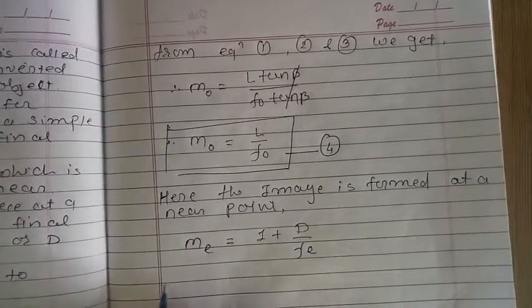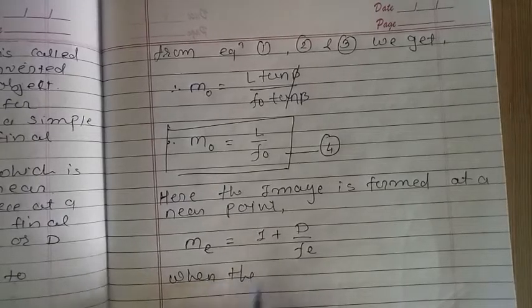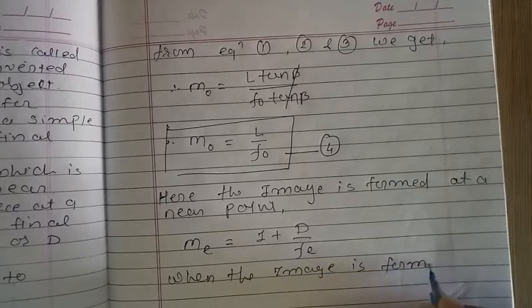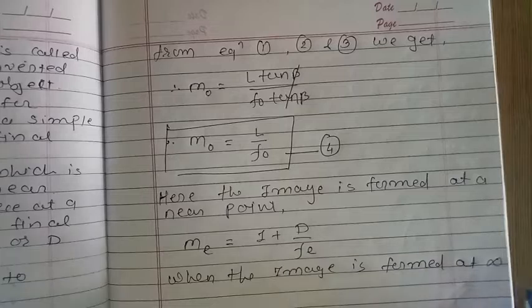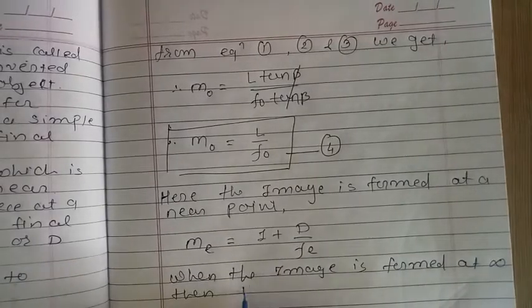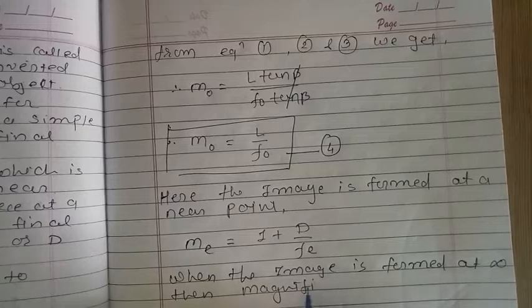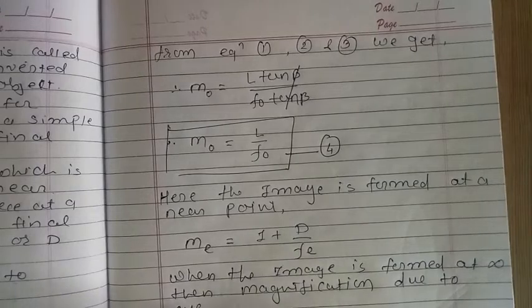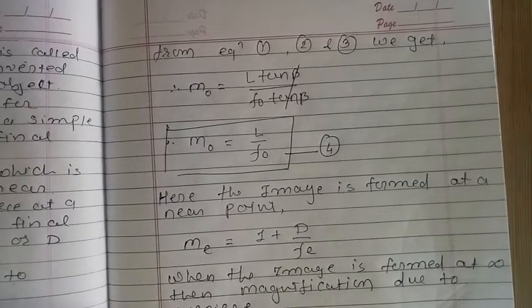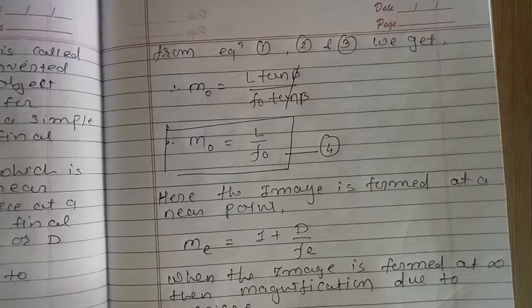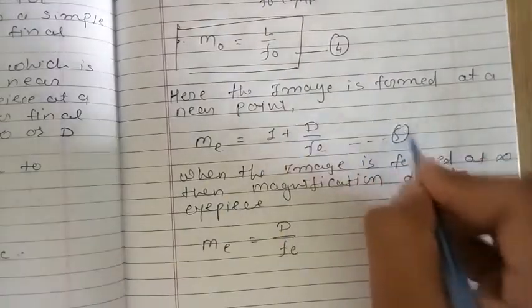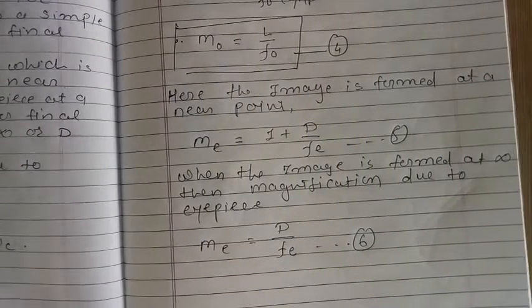But we also know that when the image is formed at infinity, the magnification due to the eyepiece, M E, is equal to D by FE. This is our equation number 5 and this is equation number 6.